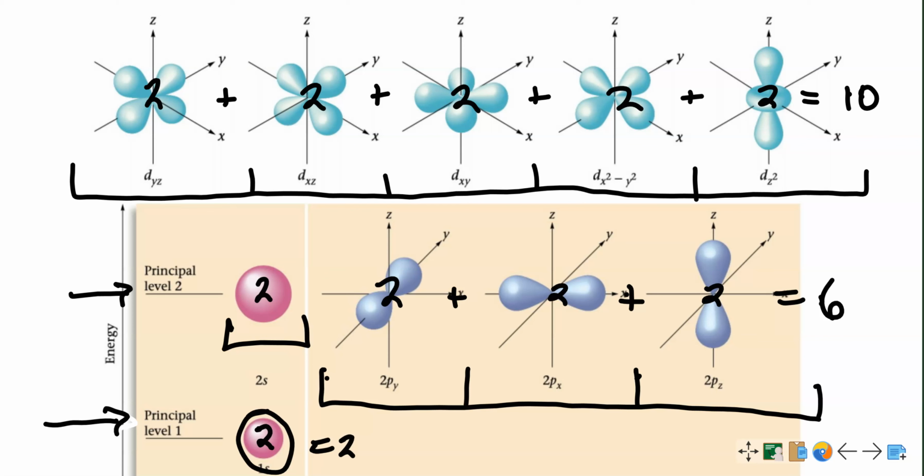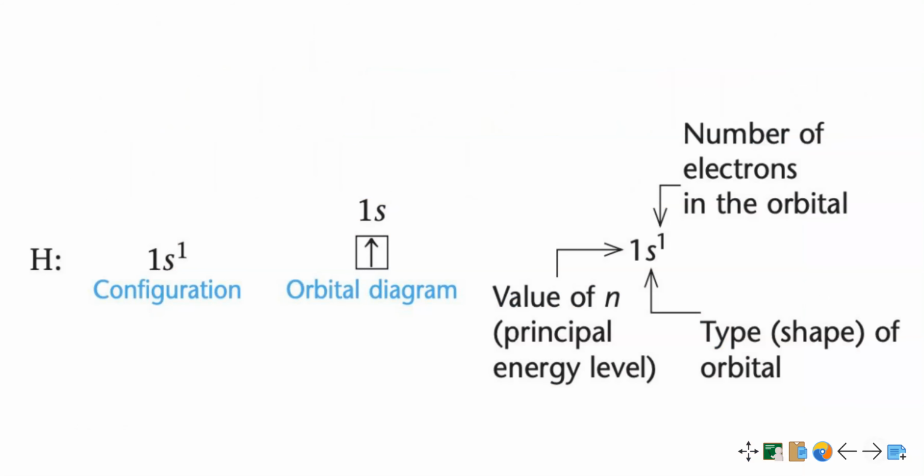So it's helpful to keep in mind that each floor of the electron hotel, if you will, can only hold so many electrons. Now, this brings us to the idea of configurations, which is nothing more than the address of the electron, or how they're organized.